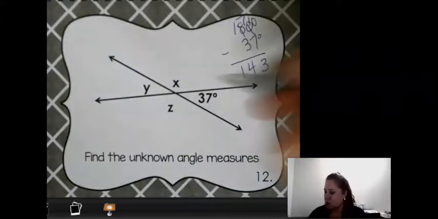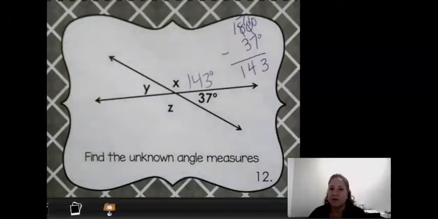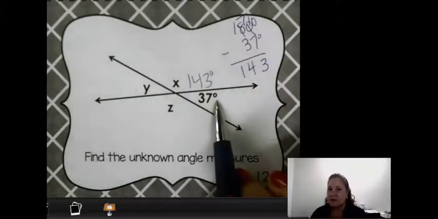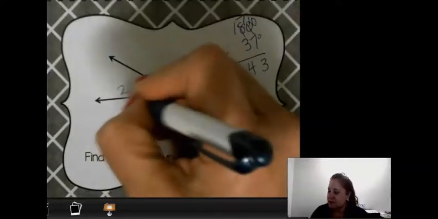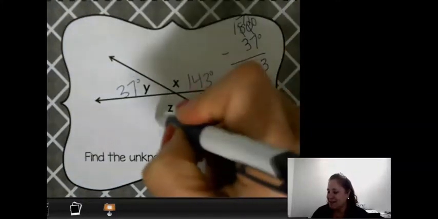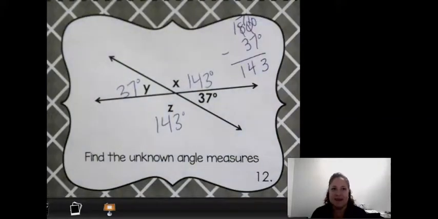X is 143 degrees, so that means y is 37 degrees, good job, and z is the same as x, good job, 143 degrees.